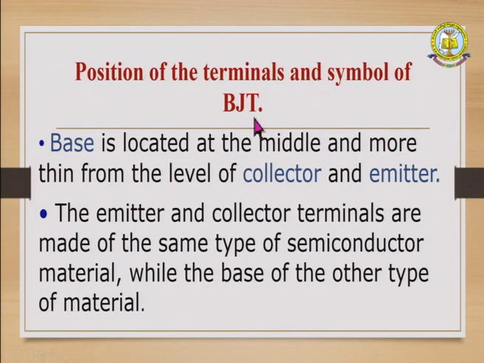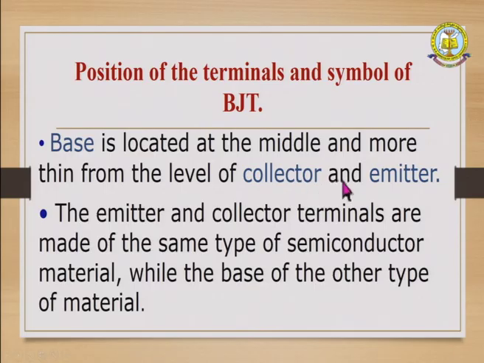Now the position of the terminals and the symbol of the BJT. The BJT, the bipolar junction transistor, has the base located in the middle and thinner than the collector and emitter.